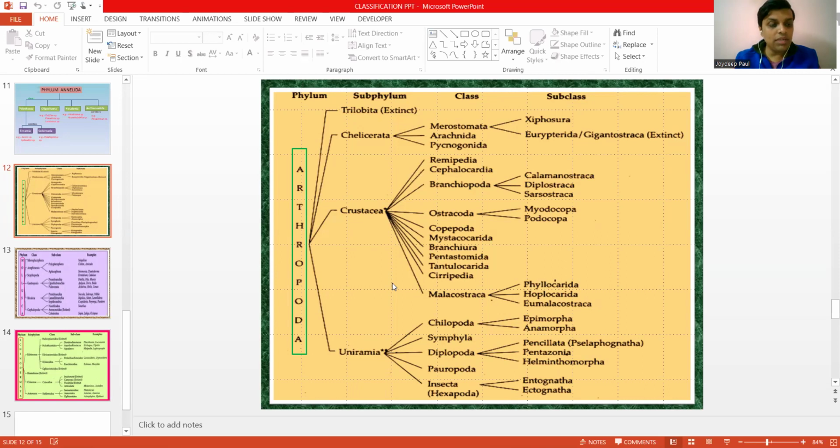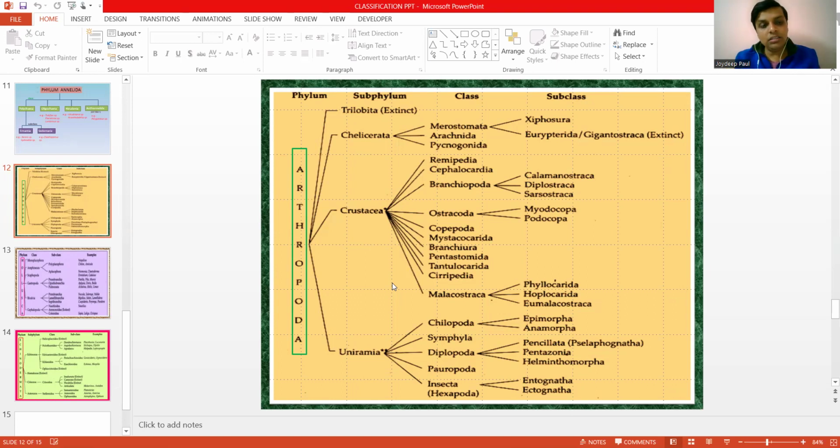No other phylum can actually compete with this phylum, which is due to the tremendous adaptive diversity which helps the arthropods to survive virtually in every habitat.